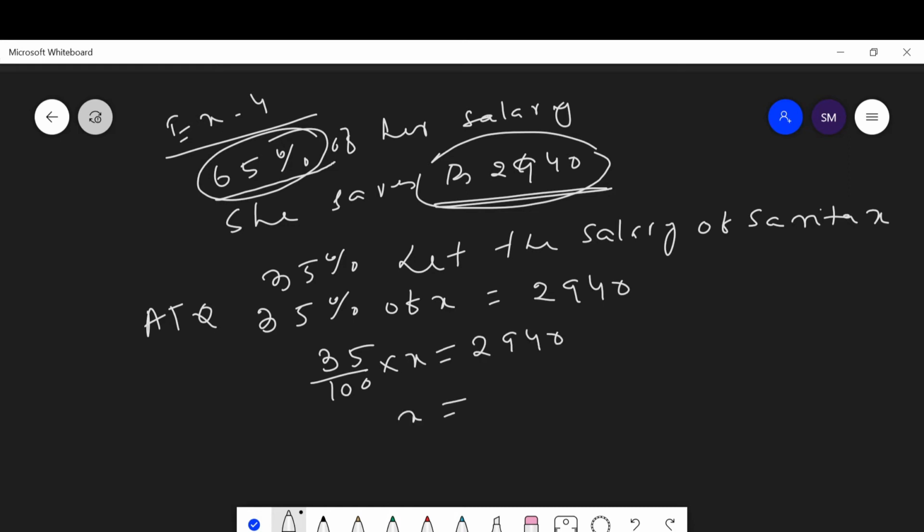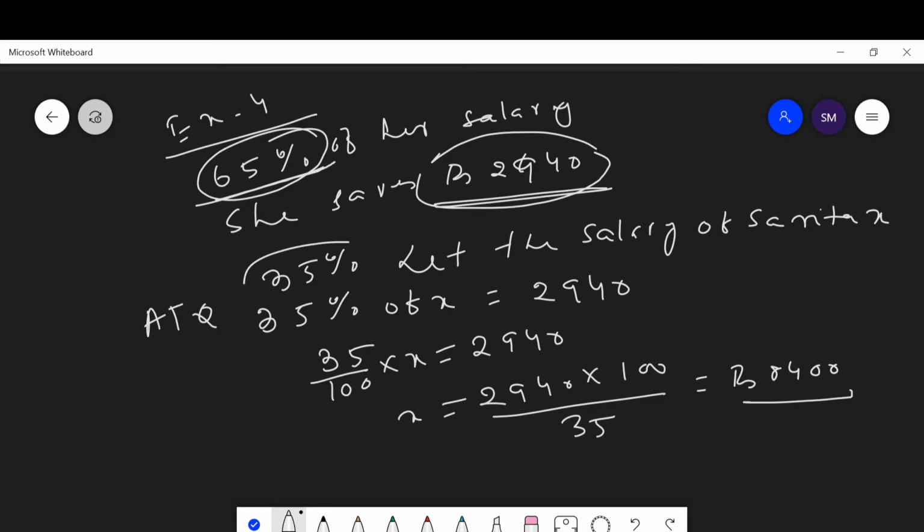Then x is equal to 2940 into 100 upon 35. Then you get the answer is rupees 8400. Means the salary of Sarita is 8400, out of which 65% she spends and she saves only 35%, which is 2940.